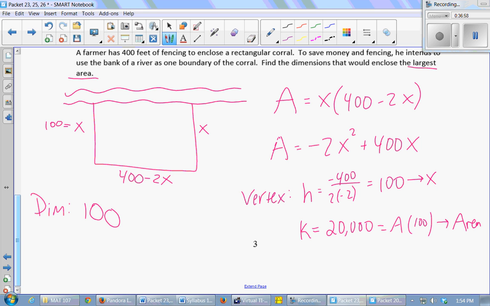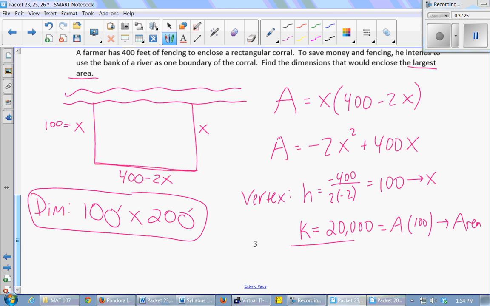So 20,000 is not one of my dimensions, it's the area, right? And then to get the other dimension, this length right here, 400 minus 2 times x, and x is 100. So 400 minus 200 is 200. So those are the dimensions that give maximum area, 100 by 200. And 100 times 200 is 20,000. That's the maximum area that I got using my function.